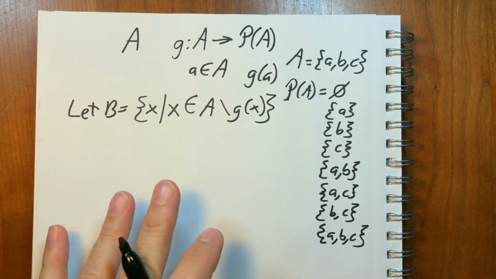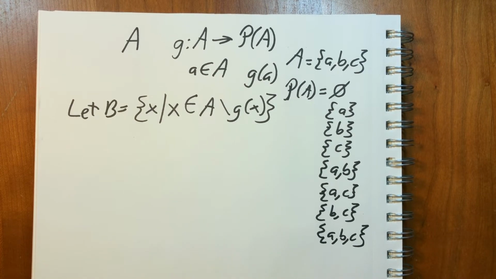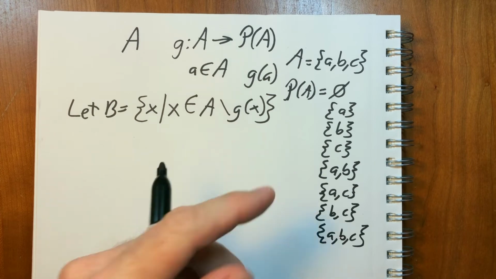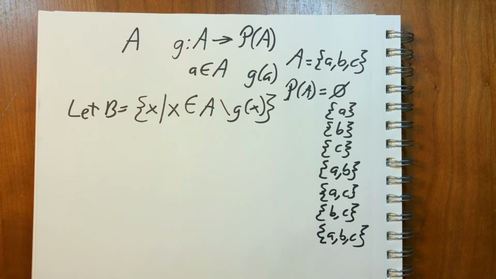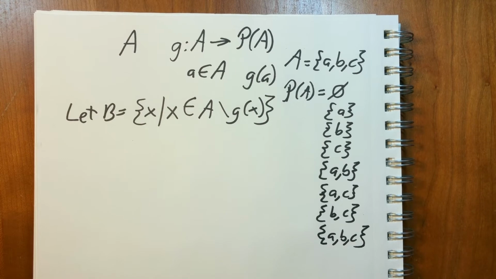A function in math is completely static. The function doesn't do anything. It is not taking a value as input and returning something else as output. It's not returning anything. The function is just a list of associations. It's like a two-column table.